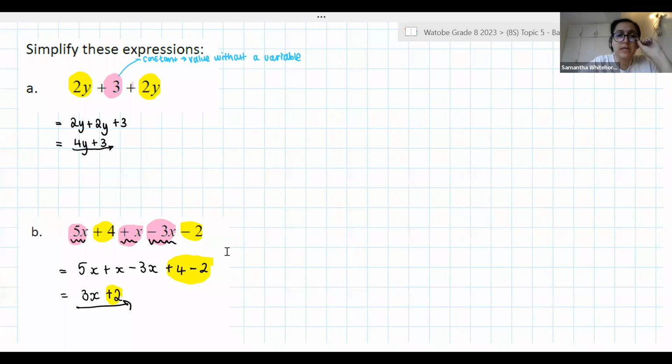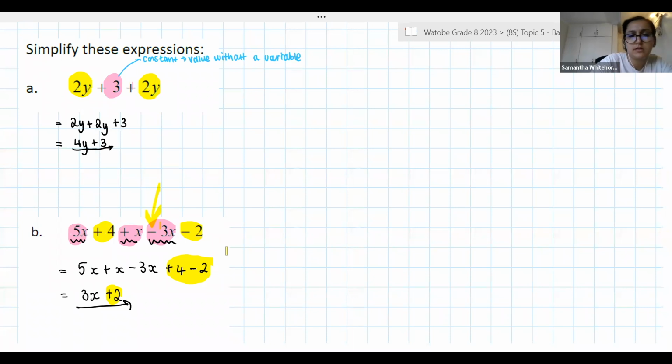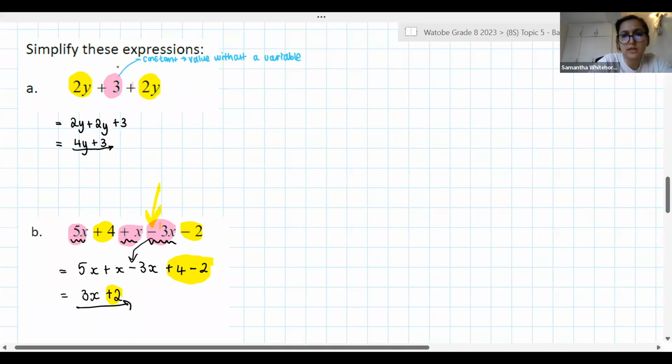Where would there be a minus? Because 5x plus 4 plus x isn't supposed to be a minus 3x minus 2. But there is a minus there. There it is. And that's what I've written here, minus 3x. Then at the end it's minus 2, or negative 2.